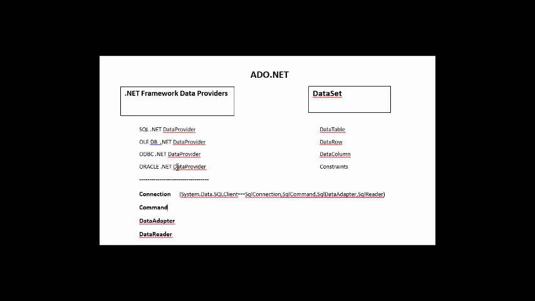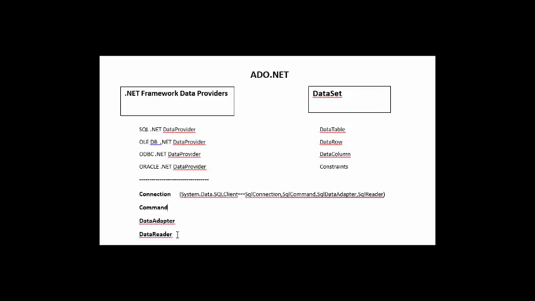And for all the .NET data providers, there are 4 core classes. One is Connection, second is Command, third is DataAdapter, and the fourth is DataReader. The Connection object provides connectivity to the data source.